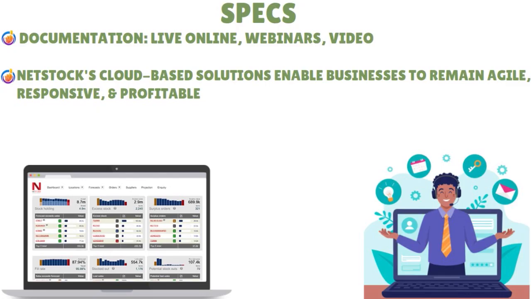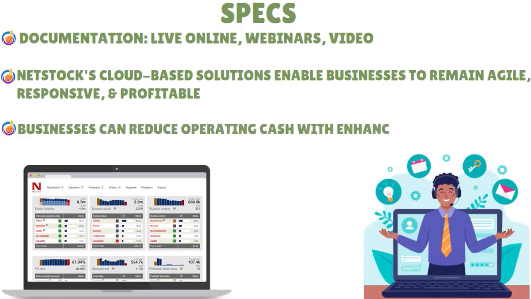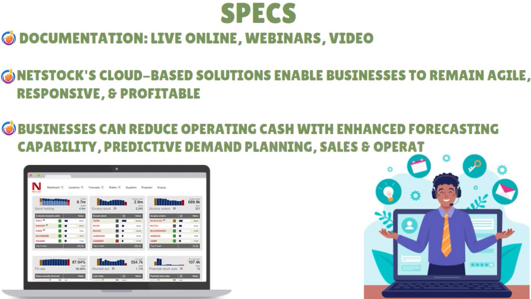With increased visibility and team alignment, a business can reduce operating cash with enhanced forecasting capability, predictive demand planning, and sales and operations planning. So that's really good. But one thing I want to say here is that you do not need to have an ERP system in place in order to use Netstock. You can actually integrate Netstock into your current tech stack. That's really possible.